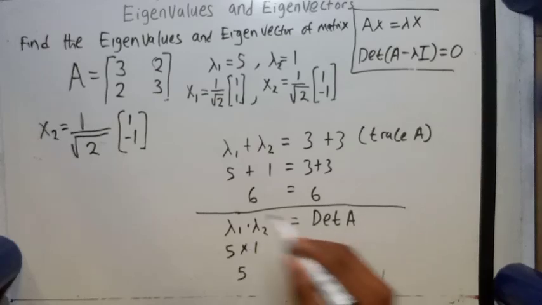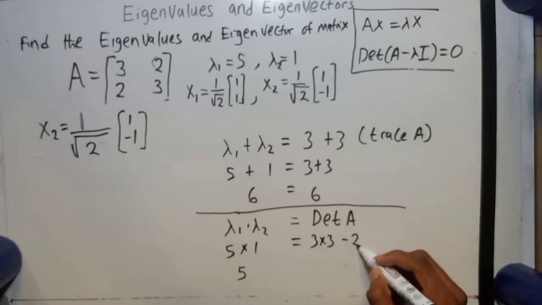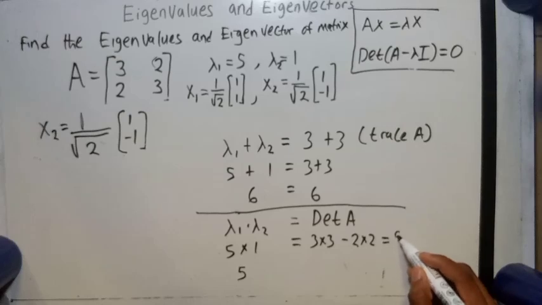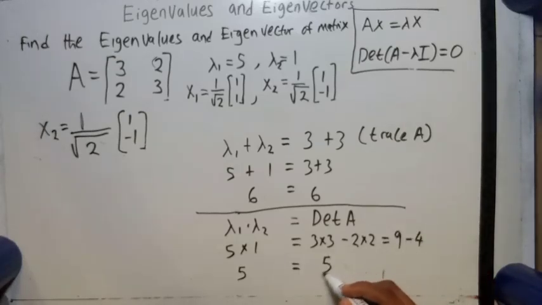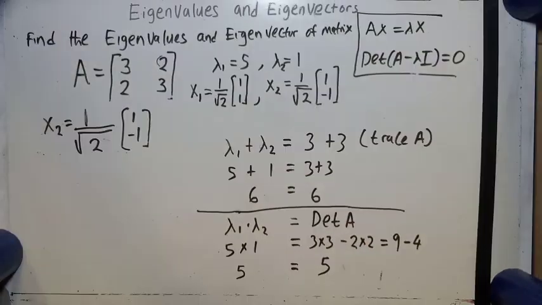Now the determinant of that matrix is 3 times 3 minus 2 times 2, which is equal to what? 9 minus 4. And 9 minus 4 is what? 5. So it's good that you know these properties.